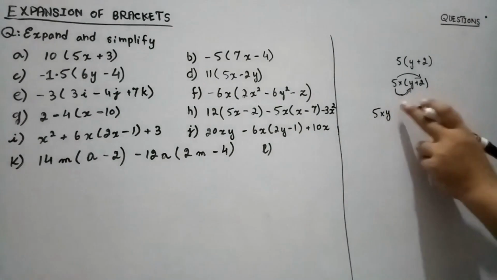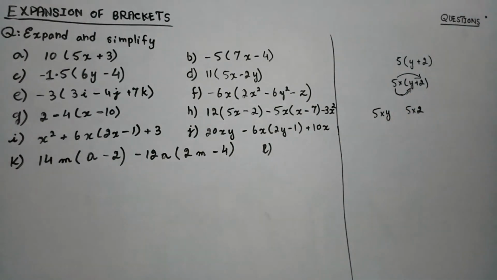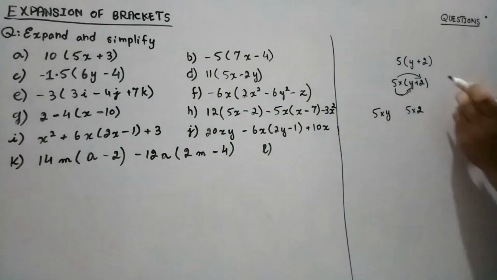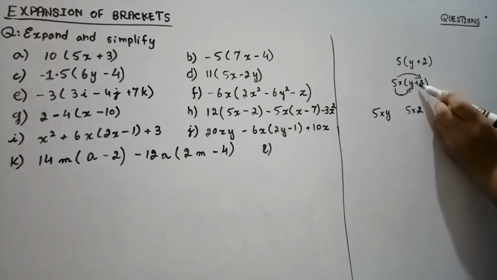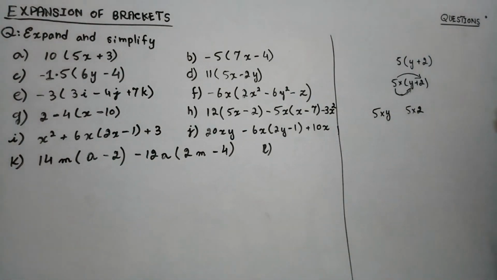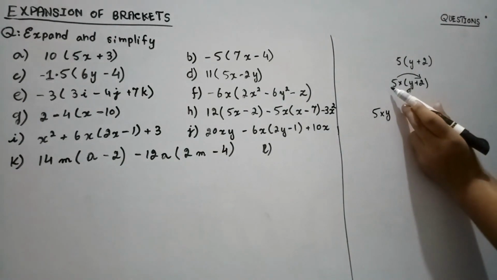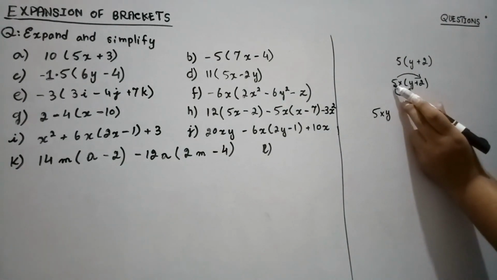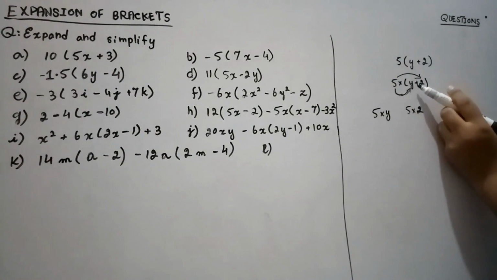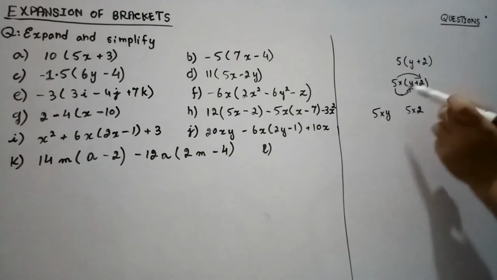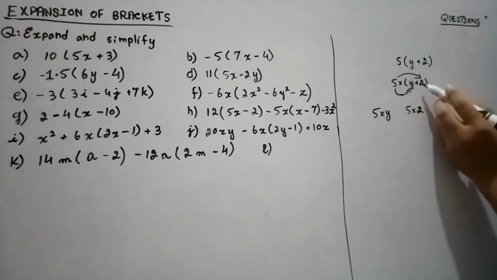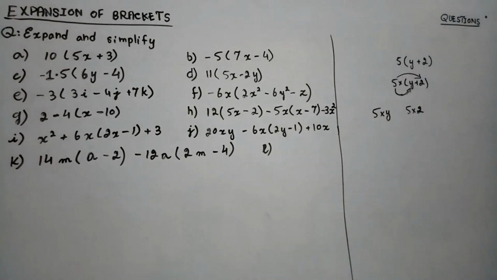And now what operation will I write here? You can see here we have a plus sign. So what does this mean? This means that here we have a plus 5 also. Plus 5 is going to multiply by a positive y, and plus 5 is going to multiply by positive 2.